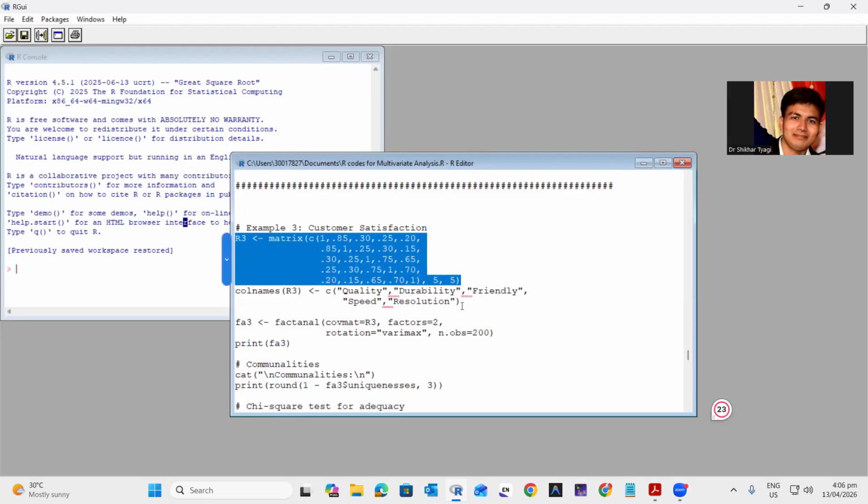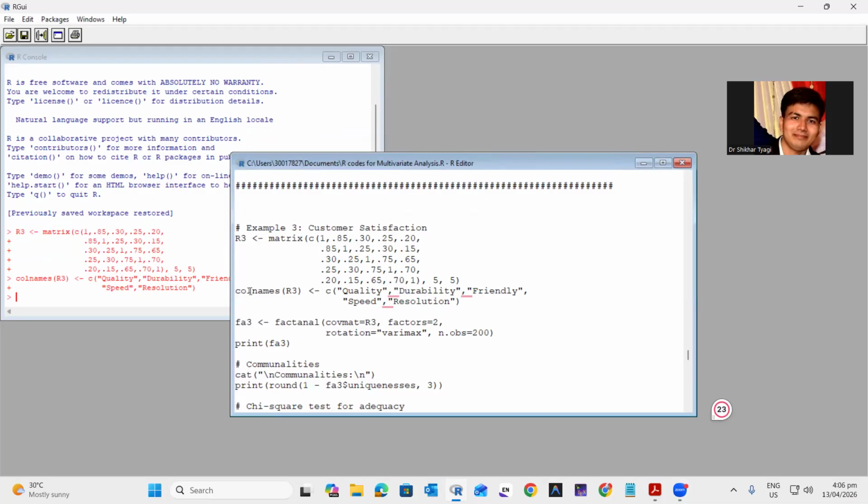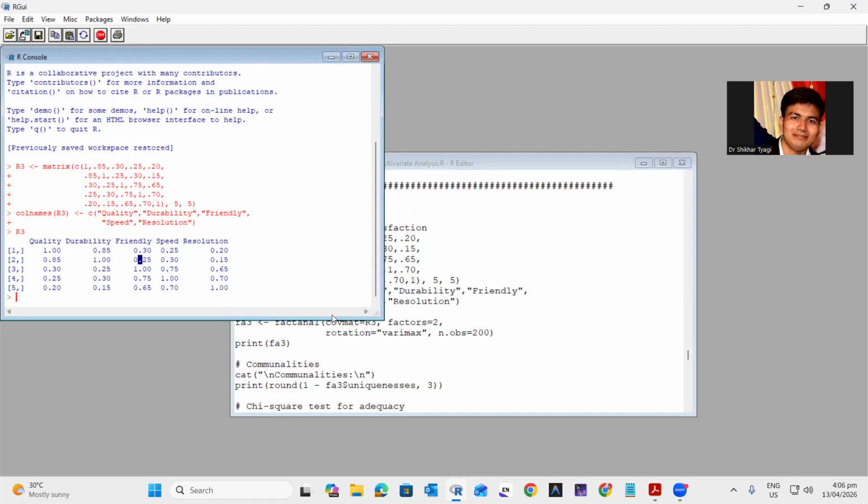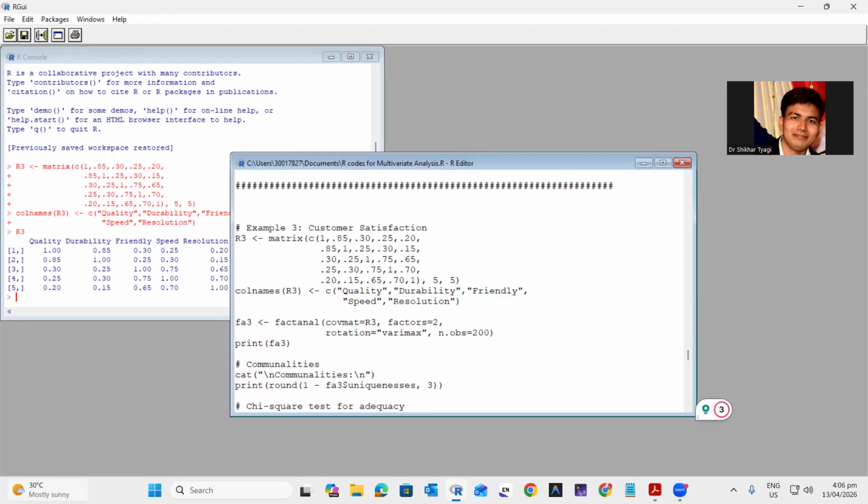It will look like this. So this is the matrix: quality, durability, friendly, speed, resolution. In the matrix, we combined the data set.